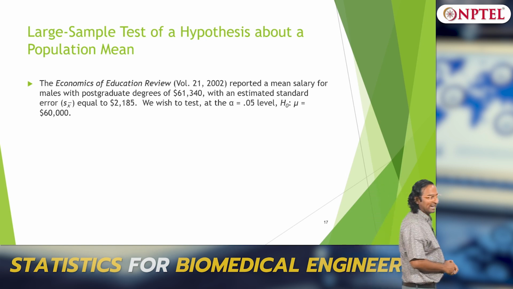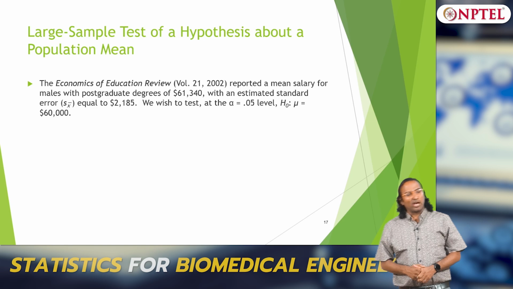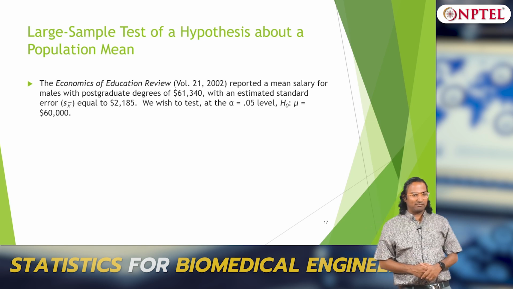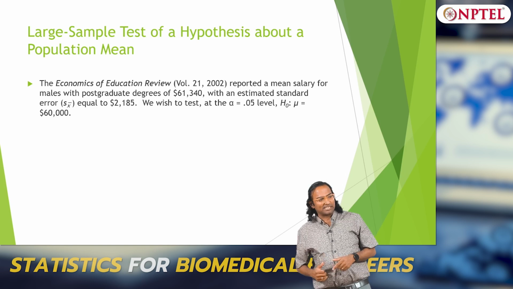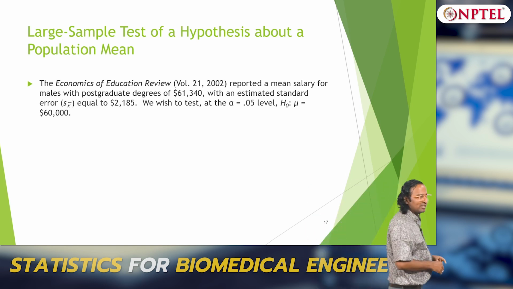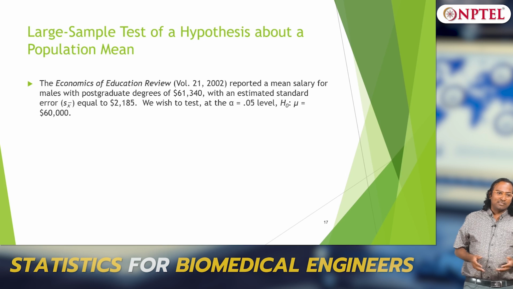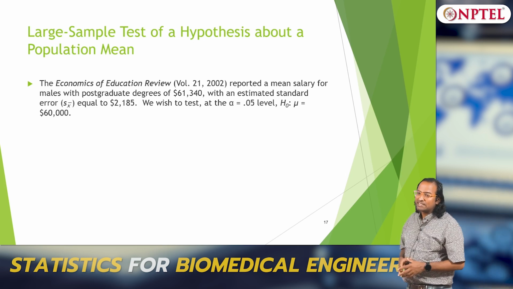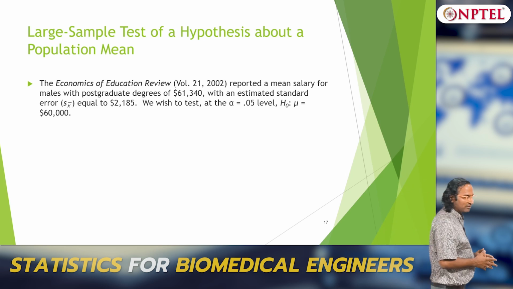What is standard error? It is nothing but sigma over root n. So I have directly given Sx bar here. That is the difference when I give you a standard deviation versus a standard error. In this problem we have given you the standard error, which means it is Sx bar, equal to sigma over root n.